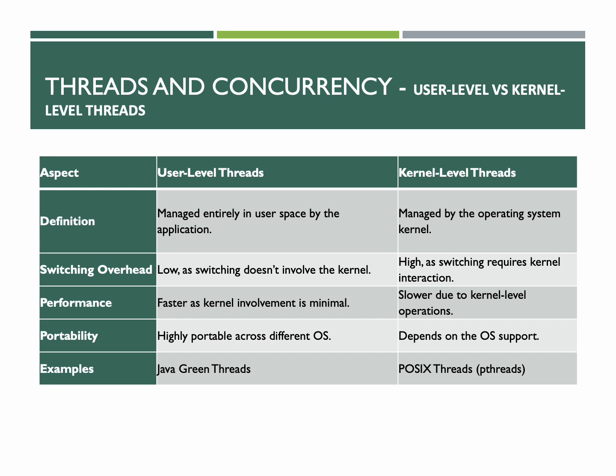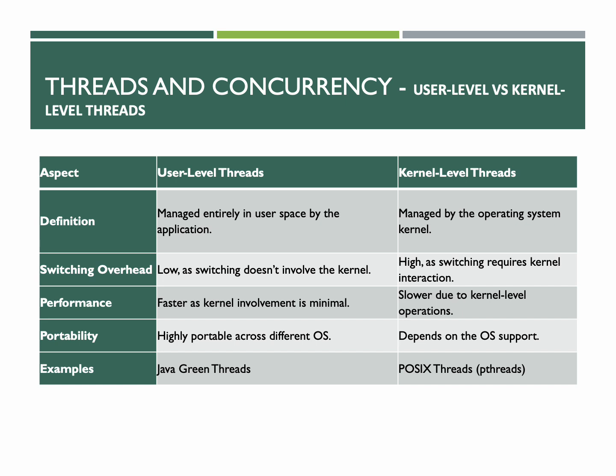Third is performance. User level threads are faster because kernel interaction is minimal, making them ideal for applications with lightweight threading needs, whereas kernel level threads are slower due to the involvement of the kernel in managing threads, but they provide better system level resource control.